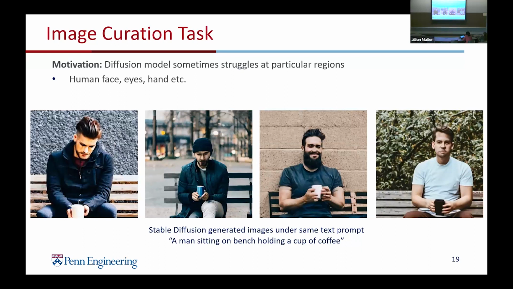Here I have shown 4 image examples, which are generated by stable diffusion using the same text prompt, a man sitting on a bench holding a cup of coffee. As you can observe, the face quality across all the 4 images is pretty different. For me, I would say the first image has the highest quality, while the second and the third one have observable artifacts.